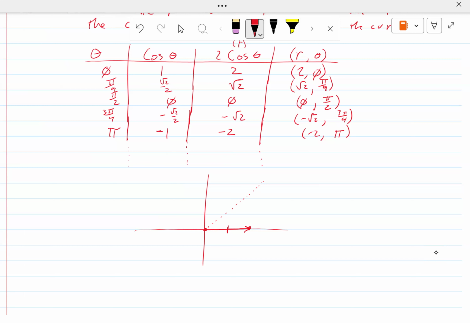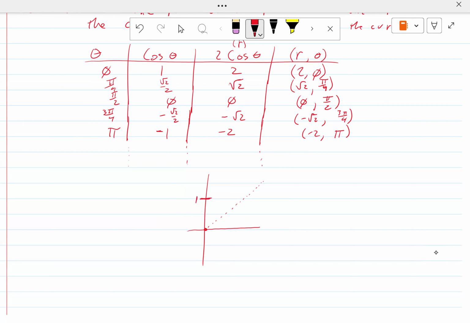Okay, so how would I get a radius of radical 2? Well, let me see. Maybe I want to make this more to scale, but yeah, let's make this a little bit bigger. I want this to be 1.